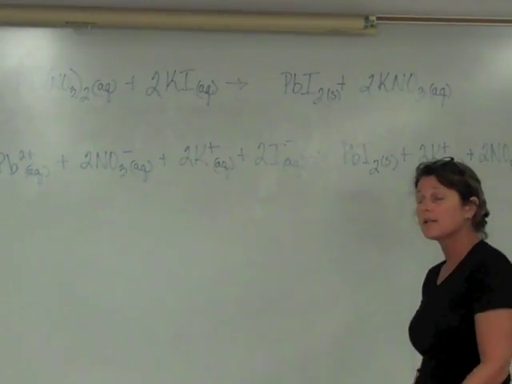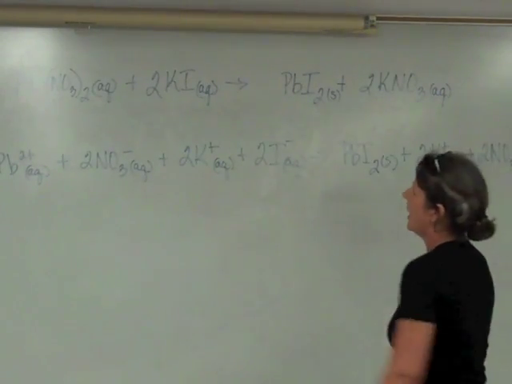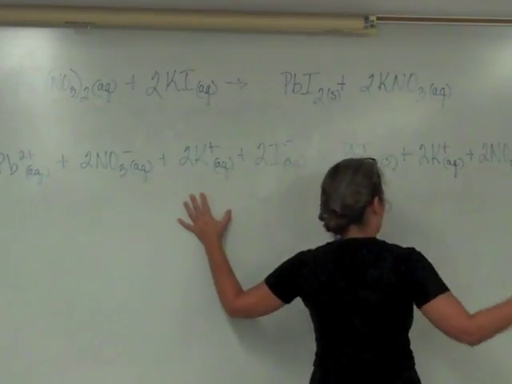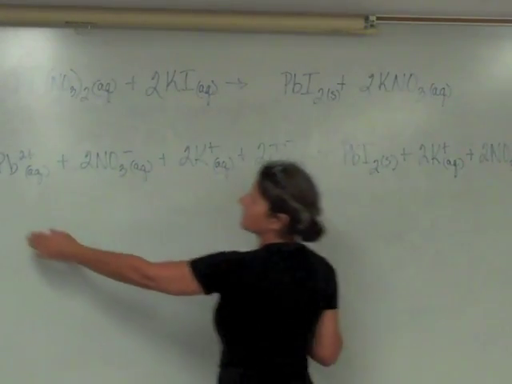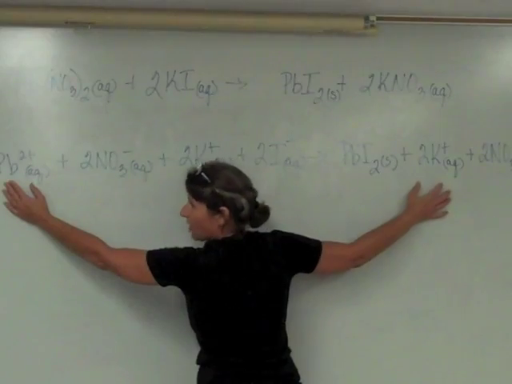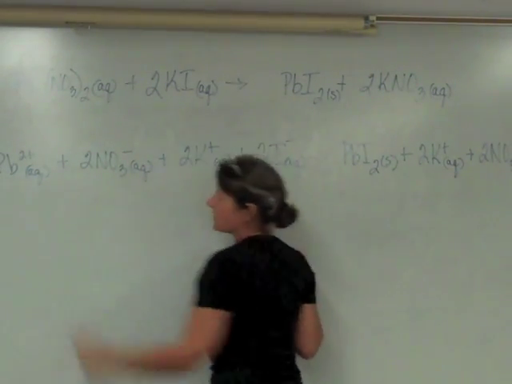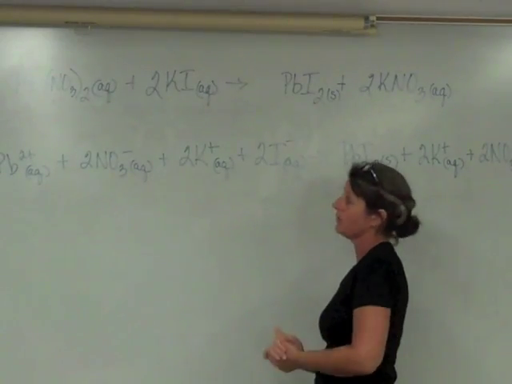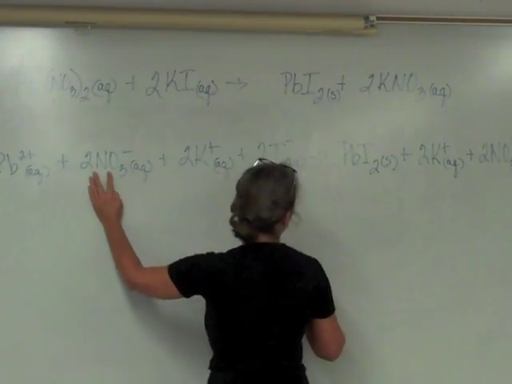And we recognize our spectator ions because they are identical as reactant as they are as product. So, we've got lead 2 ion. Do we have any lead 2 ion in this spot? No, we don't. So it's not spectating. It's actually taking part in the reaction. We've got 2 nitrates on this side.